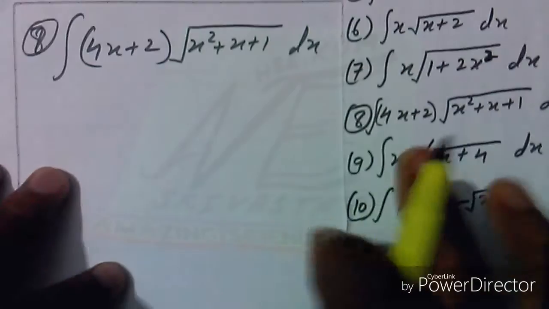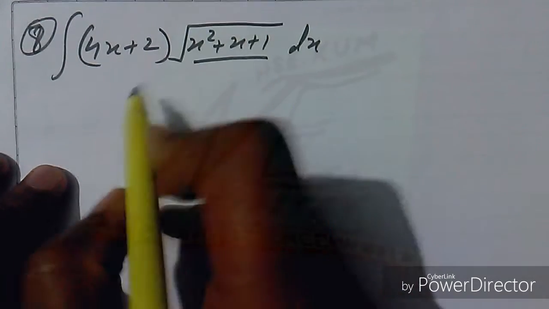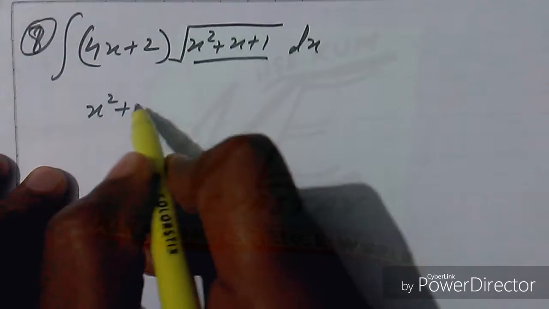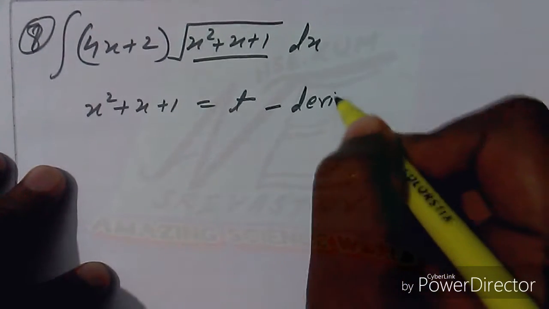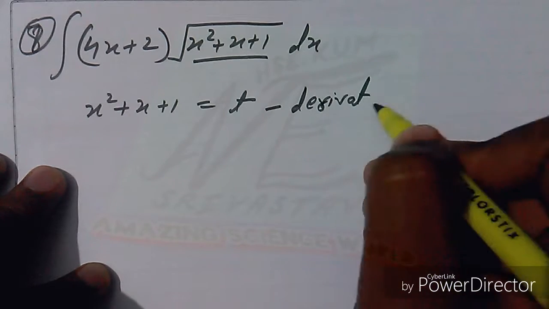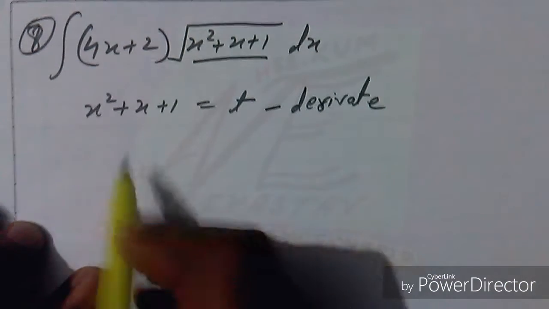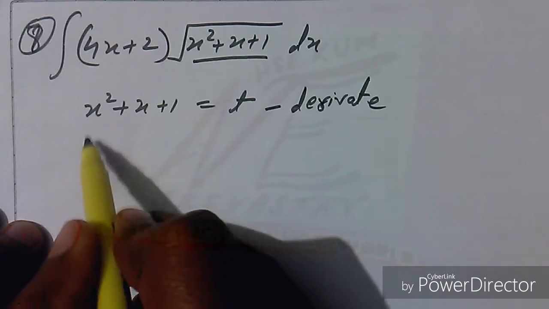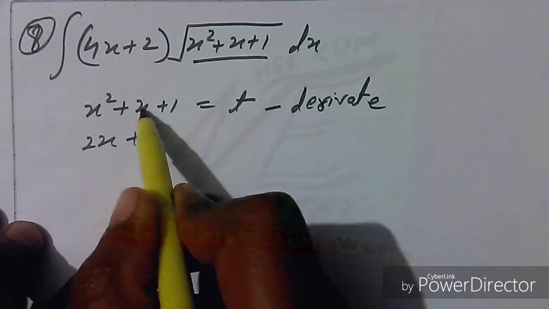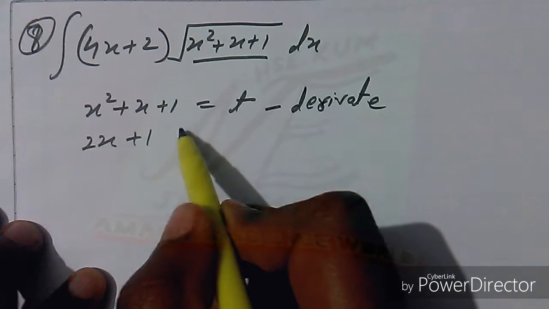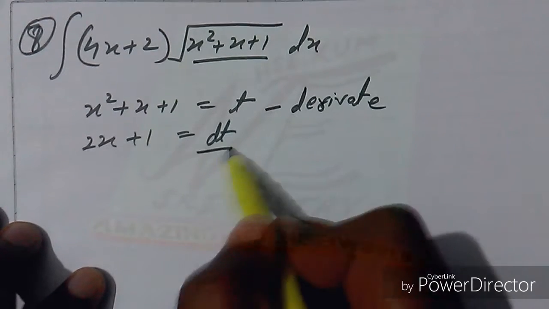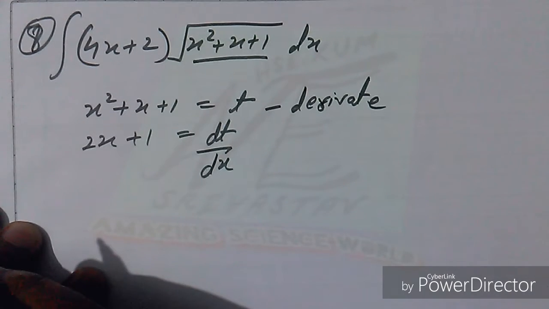So friends, I explain this question. First of all we put t, that is x square plus x plus 1 is equal to t, and we differentiate it. Now what will come, that is 2x plus 1 plus 0 equals dt by dx.